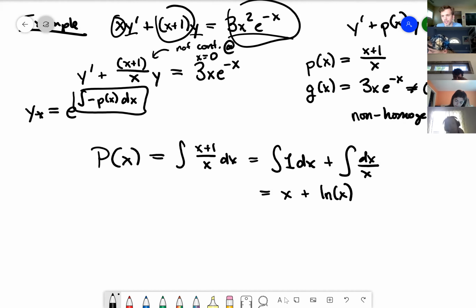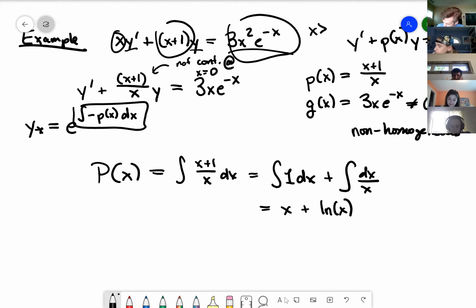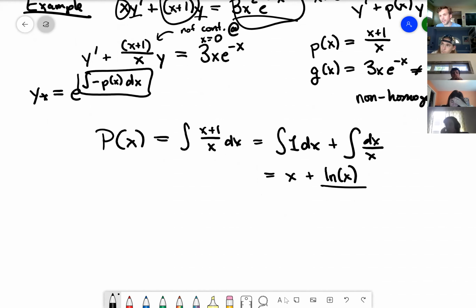Based on our initial condition, we'll choose whether we're using the positive version of x or the negative version of x. So let's see, did they put an initial condition in? Yeah, they say x greater than 0. So that allows me to drop that absolute value there. And we only need one antiderivative. It doesn't matter which one we use, so I'm not throwing in the constant of integration.